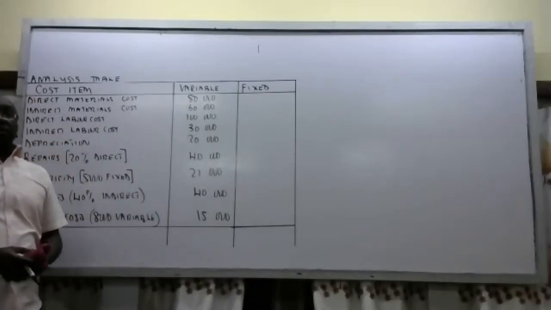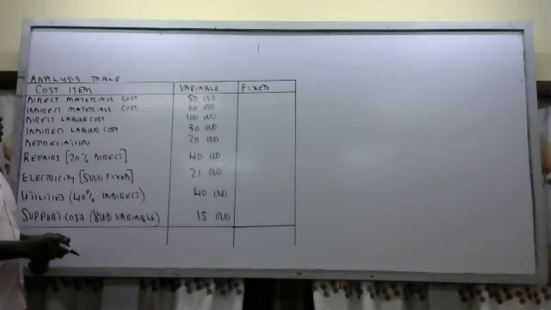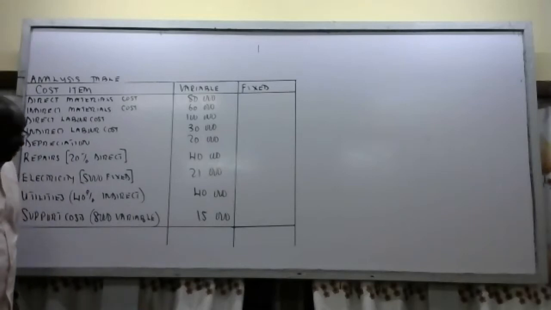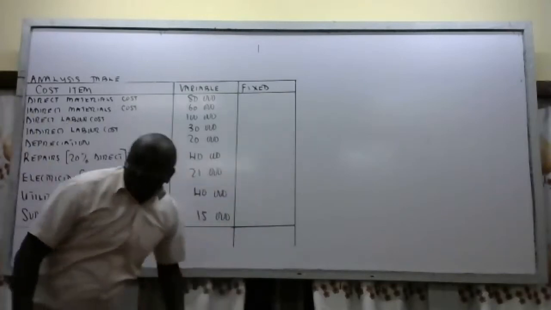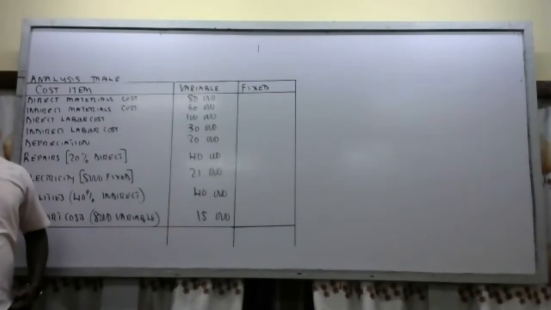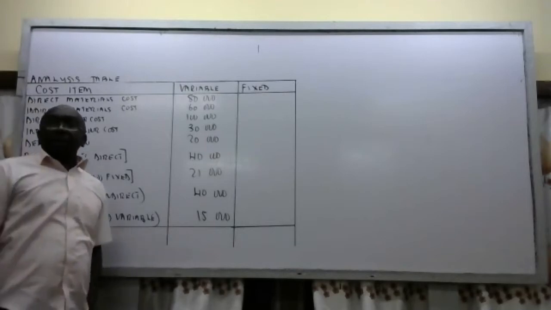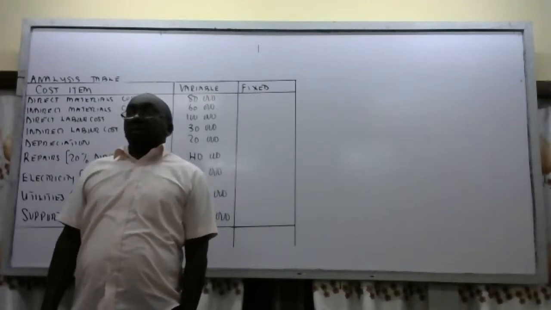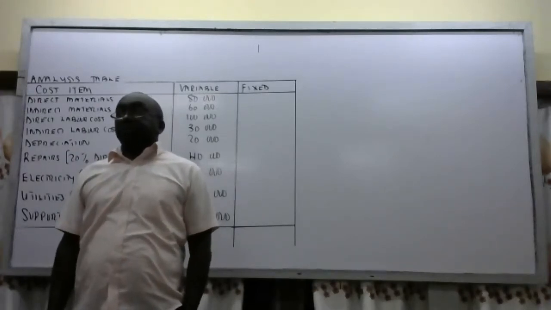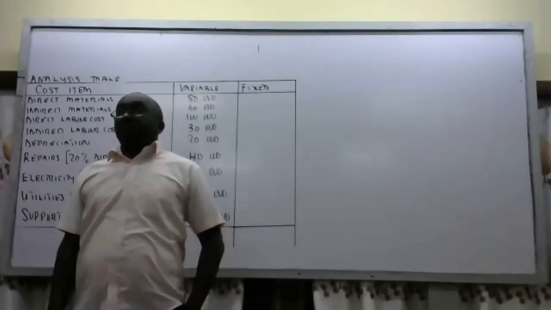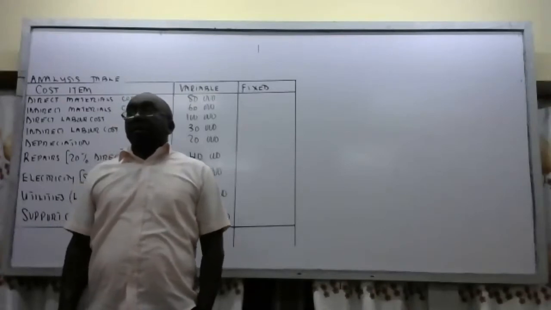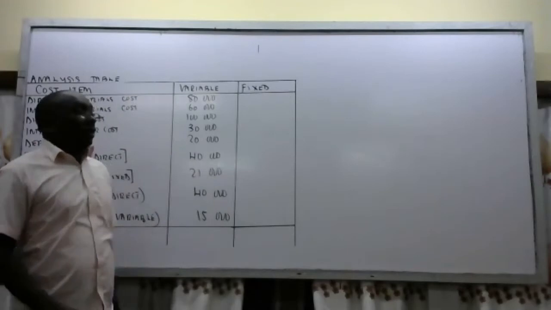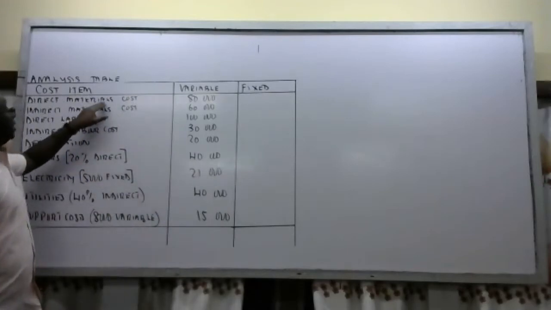So just a minute, you see what you're supposed to do. We know that direct materials is a fixed or variable cost. Look at the notes I gave you the other day about direct costs. Are they fixed or variable? They are variable, and indirect costs are fixed. So for the direct material, it is variable.